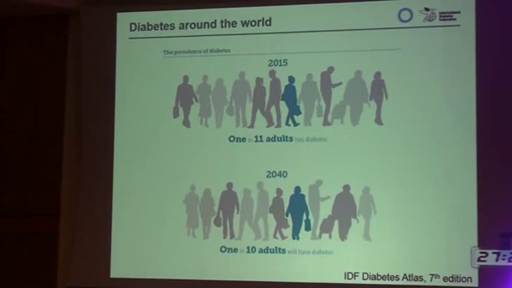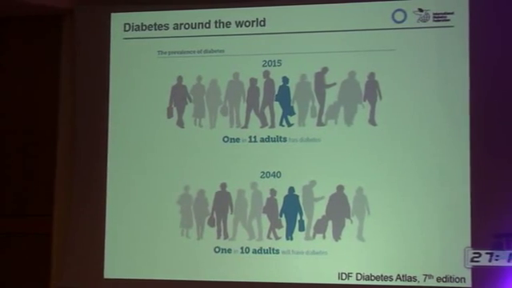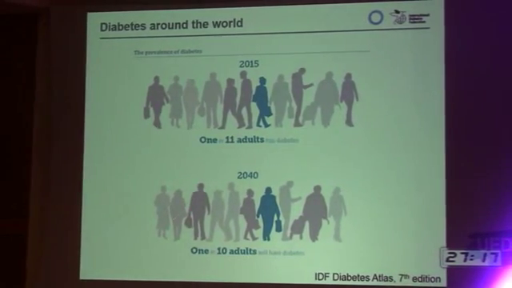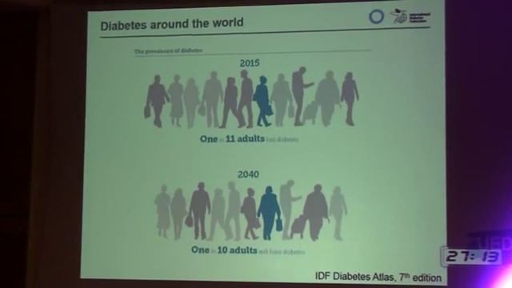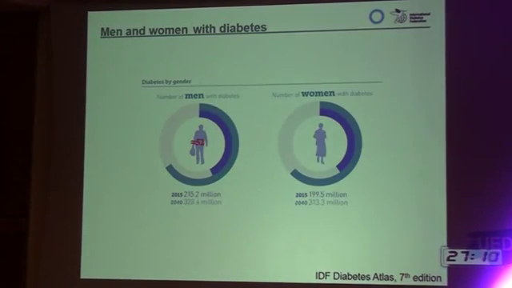Looking at it an easy way, right now 1 in 11 adults has diabetes, but that is expected to increase to 1 in 10 adults by 2040. What about gender differences? This slide depicts that in 2040, out of 642 million, 215.2 million are men, approximately 52%.